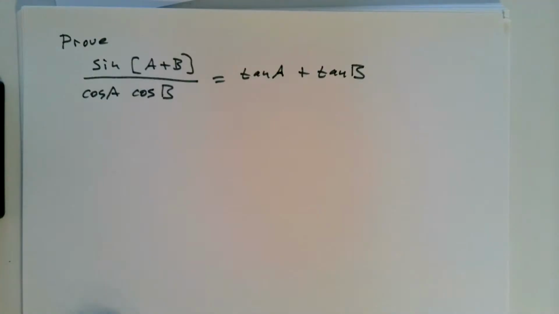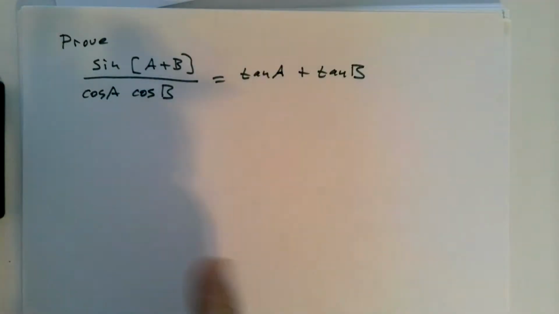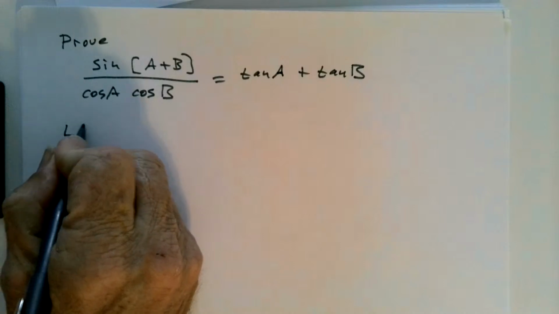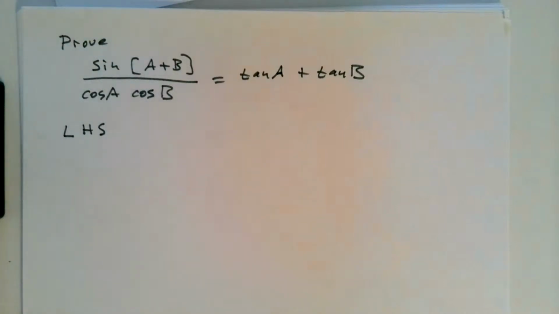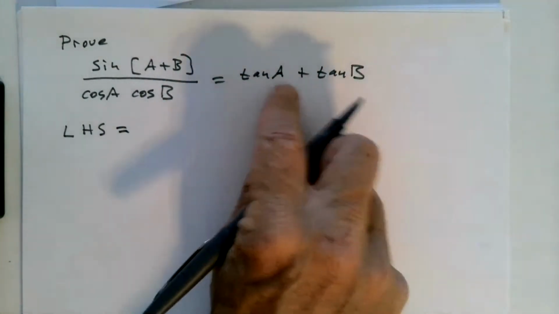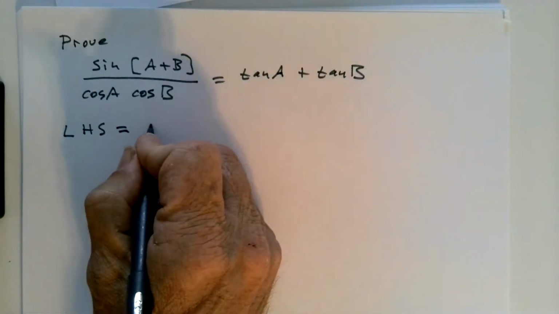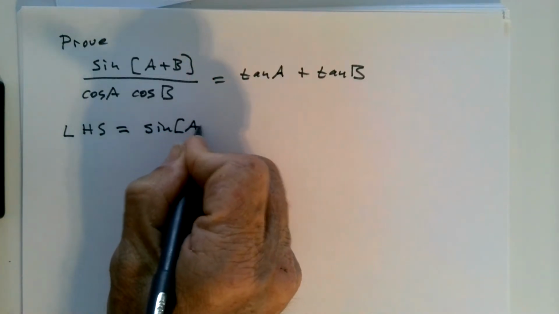So our process: we start with one side, more often than not the left side. That tends to be the more complicated side. It certainly is here. Left-hand side and a string of equal signs to see if we can get it equal to the right-hand side. So I have left-hand side is sine of A plus B over cos A cos B.